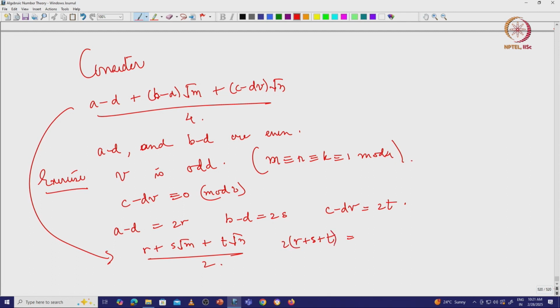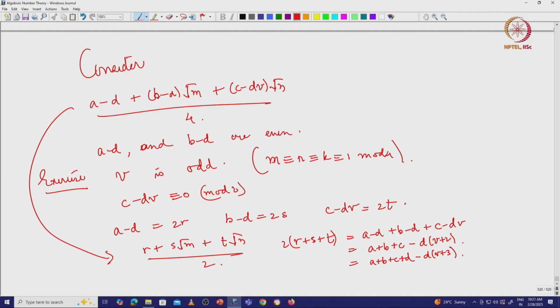At least 2 times this is a minus d plus b minus d plus c minus dv, which you can rewrite as a plus b plus c minus d times v plus 2, right. Which you can rewrite as a plus b plus c plus d minus d times v plus 3, right.